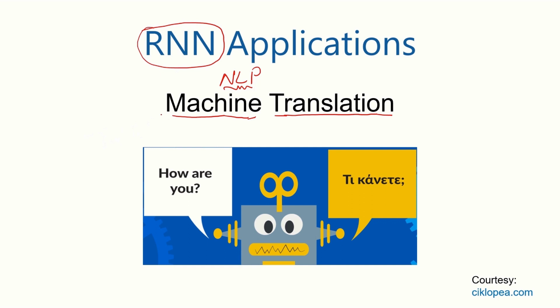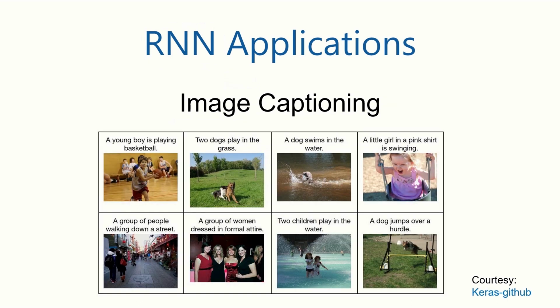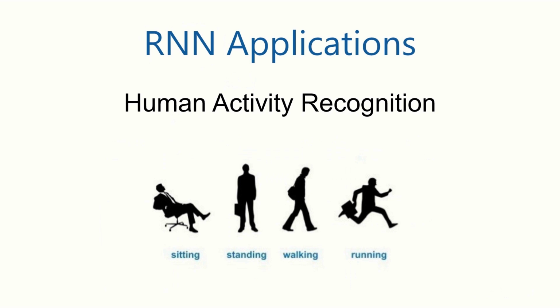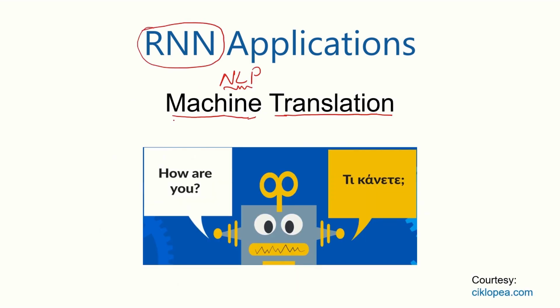Let me set up the problem. What is the problem? I will also contrast this machine translation problem with the existing applications that we saw, image captioning and human activity recognition. So the goal is to come up with a machine learning model that accepts text in a particular language, let's say English text, and converts it to equivalent French text.